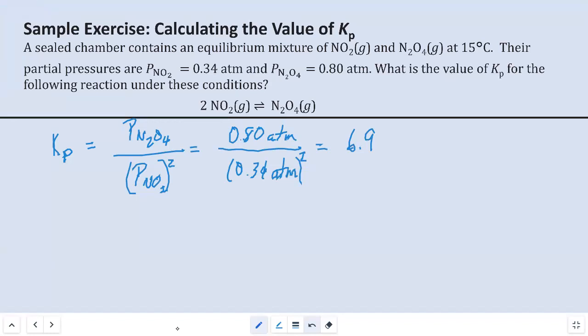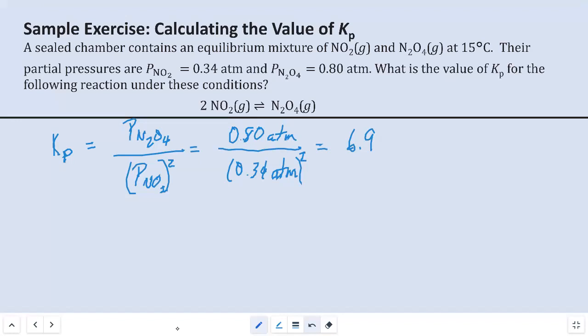Now, equilibrium has one really nice thing going for it. The values of K do not have units attached to them. Unlike the rate constants, where we had to make sure of molar to the -2, seconds to the -1, all that stuff does not apply here for the equilibrium constants.